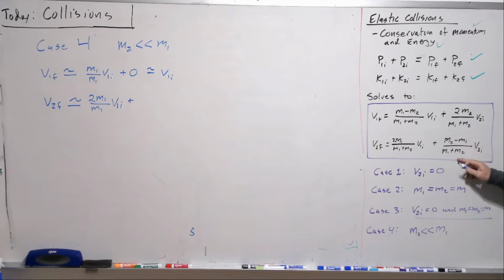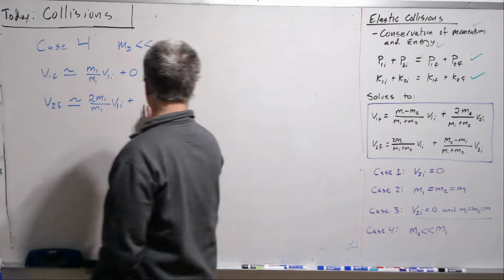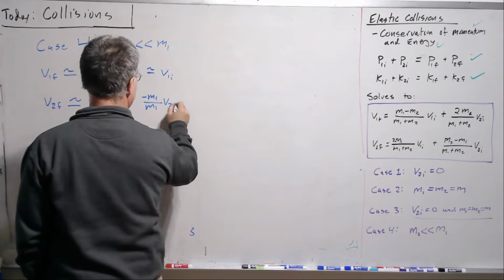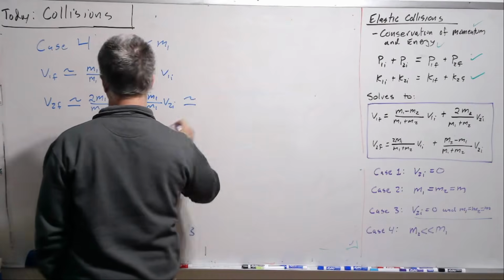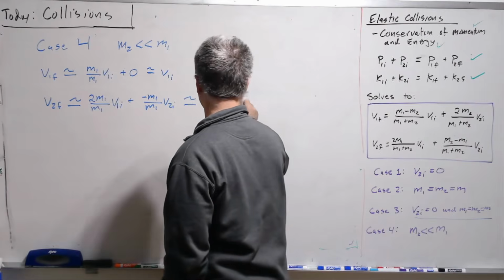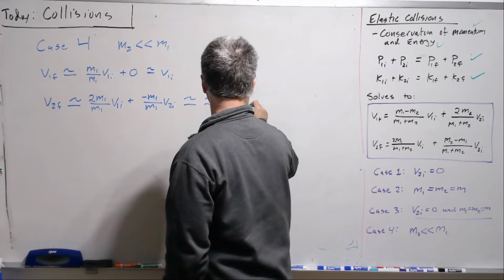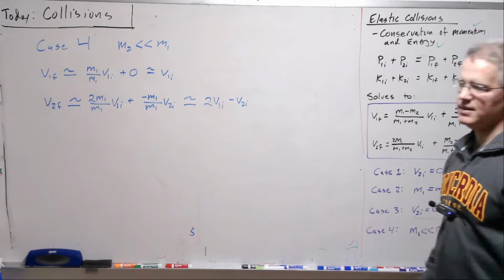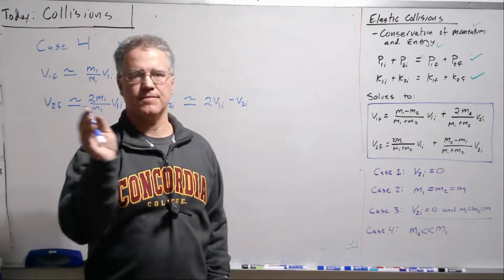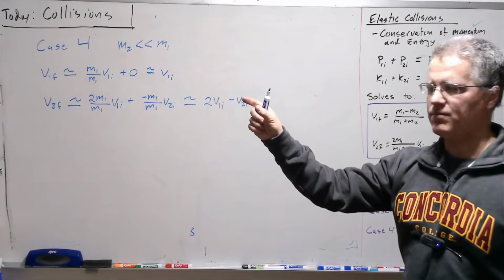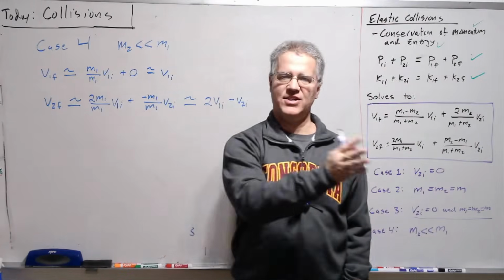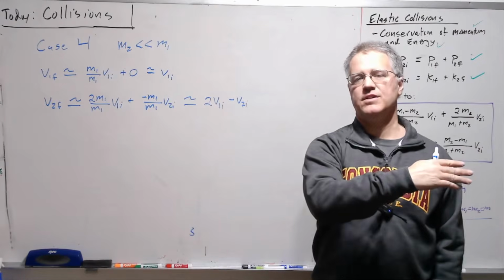Well, this will be minus M1 over M1, V2 initial. So this is approximately equal to 2 V1 initial minus V2 initial. So let's look at this. If this freight train is coming and we throw a ping pong ball at it, well, the final velocity of that freight train is not going to change, right? It'll just keep going at the same speed.